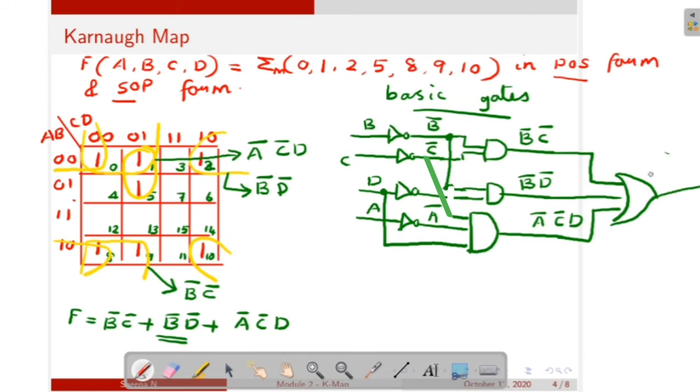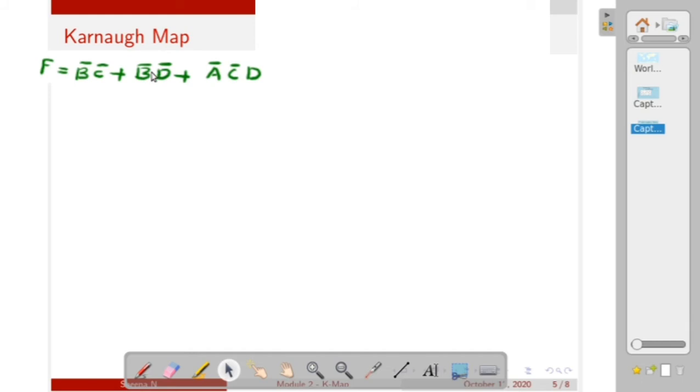Okay, so here the output is equal to B bar C bar plus B bar D bar plus A bar C bar D. Okay, so this is the implementation of this expression using basic gates. Okay, next we can implement this simplified Boolean function using universal gates. So here we implement this using NAND logic.